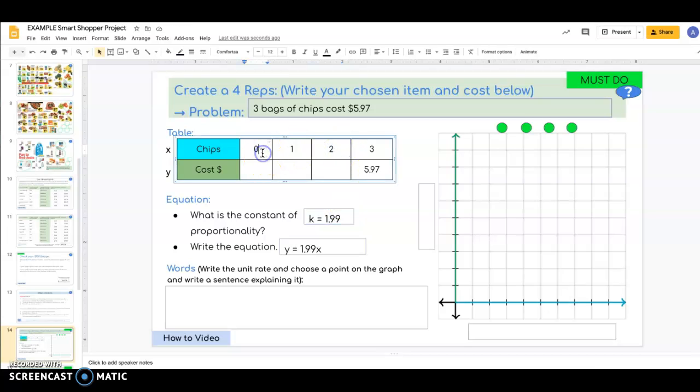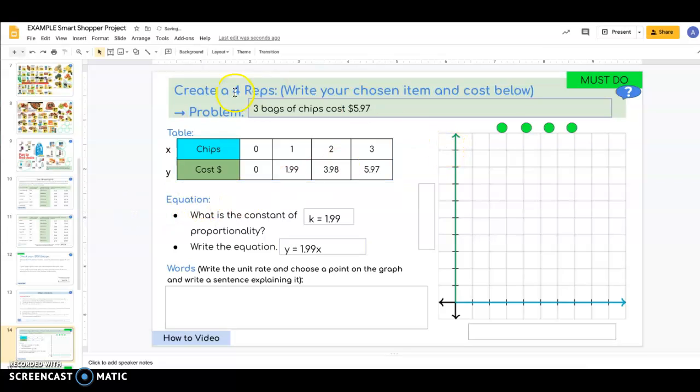So I'm going to start here at 0. I know 0 times $1.99 is 0. I know 1 times $1.99 is $1.99. And 2 times $1.99 is $3.98. So now I have my table complete. I have my constant and my equation written.